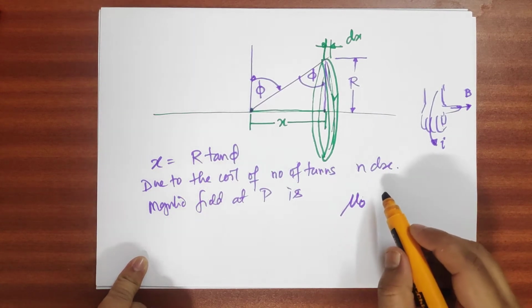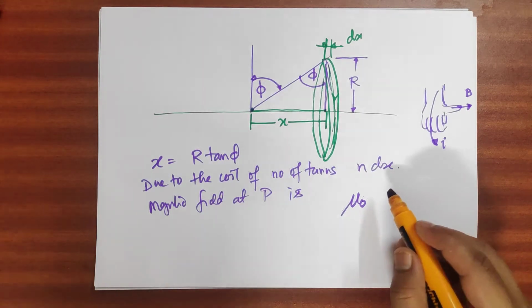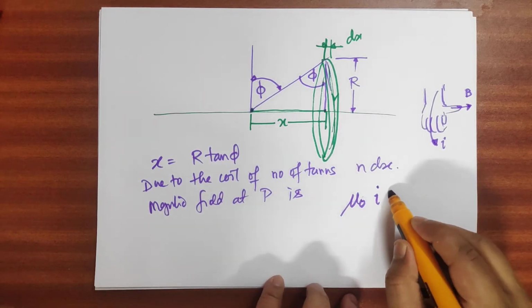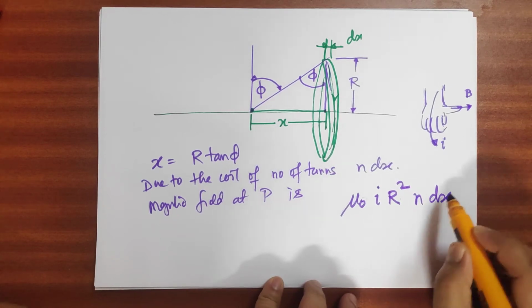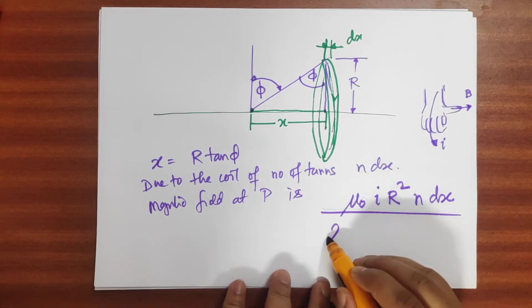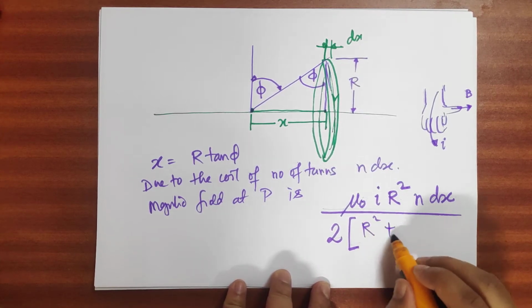We'll use that: mu 0 into I into r square. Now I'll have to multiply the number of turns, n dx, divided by 2 into r square plus x square to the power 3 by 2.